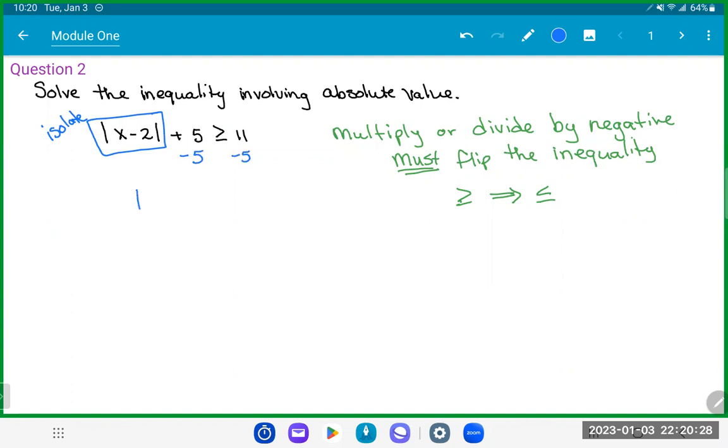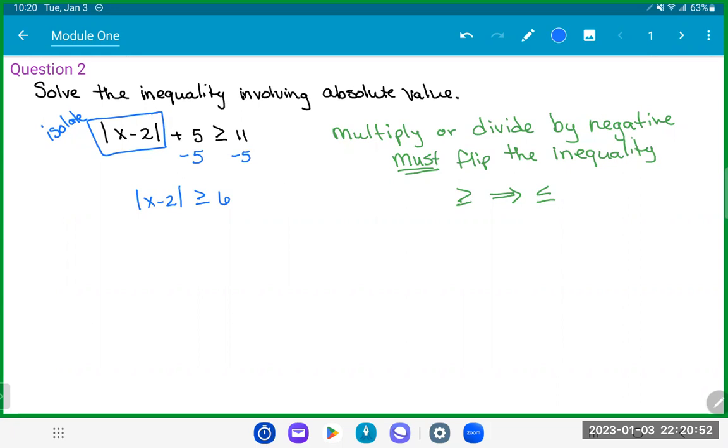When we do that, we get the absolute value of x minus 2 is greater than or equal to 6. Notice I kept that inequality sign the same because I was subtracting. The only time we flip the sign is if it's multiplication or division.